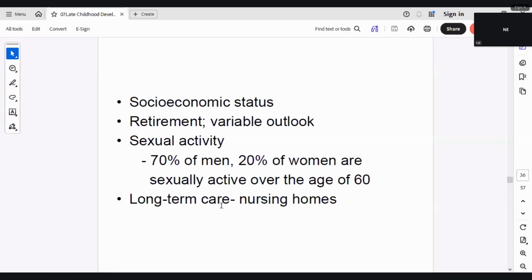And then looking at long-term care, nursing homes, it's not really a phenomenon in this part of the world yet, because of how family structures are. We still have the elderly well accommodated in their homes by their siblings or by their children.